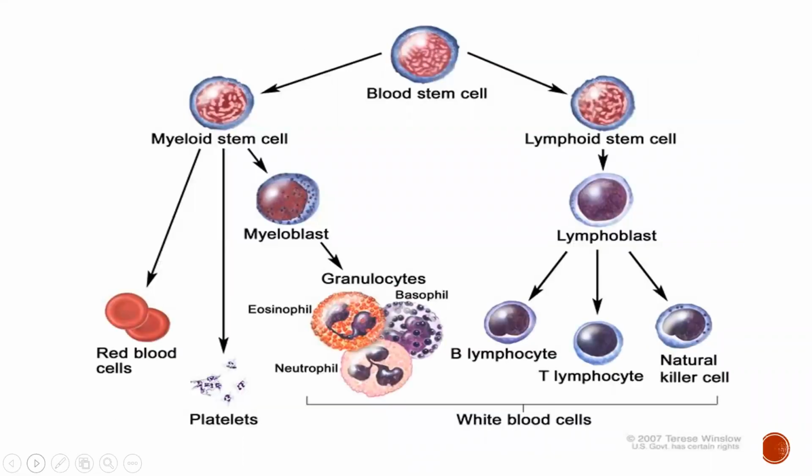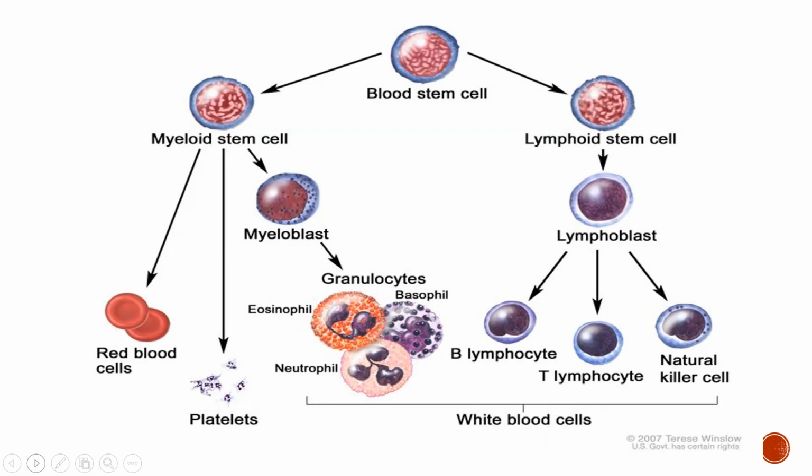So let's remind you that all hematopoiesis usually starts from blood stem cell, which then should be differentiated to myeloid and lymphoid stem cells. Each of these gives birth to several blood cells. If we talk about myeloid germ, at the end, we will receive red blood cells, platelets, and granulocytes.